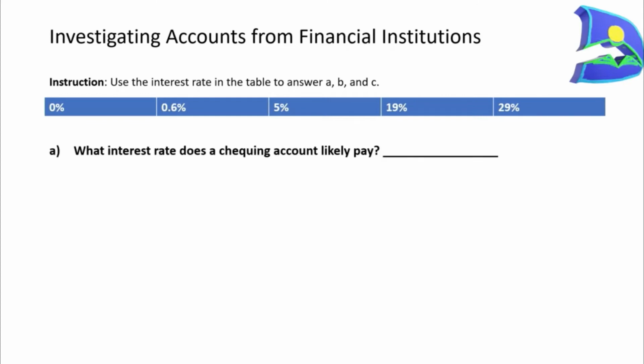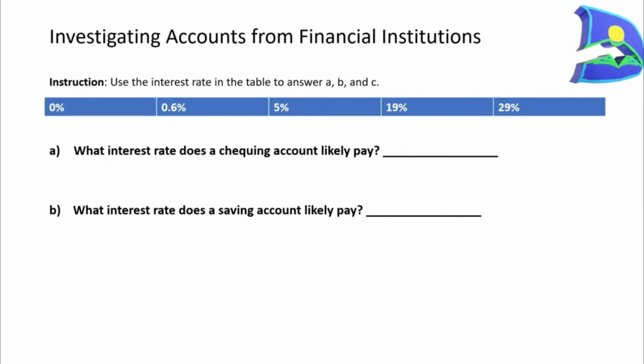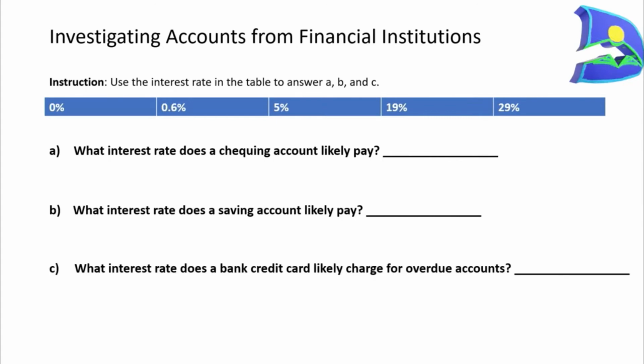So in here we see the question, what interest rate do you think a checking account likely pays? If we look at the first six minutes of our video, we said that yes, it is 0%, and for B we saw that for a savings account it's between 0 and I'll say 10% or 5%. So in here I'll give it 0.6%.